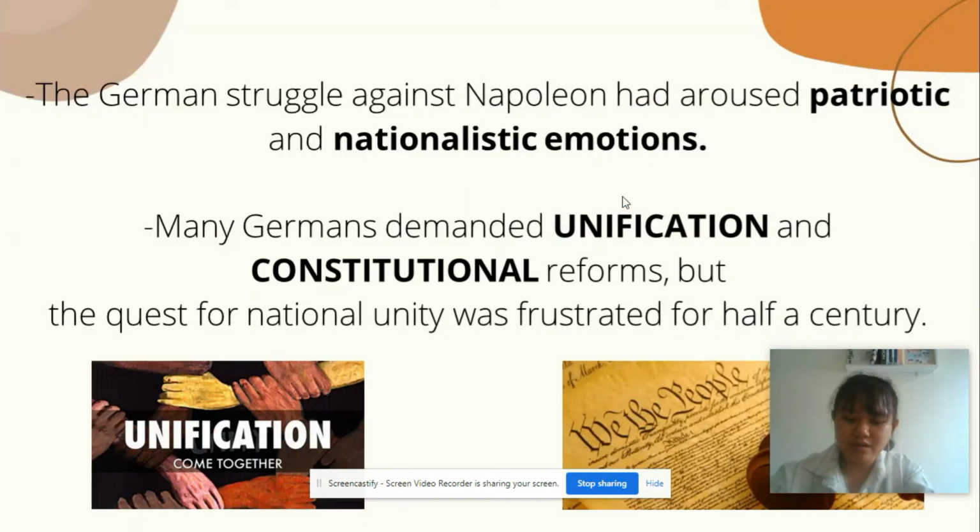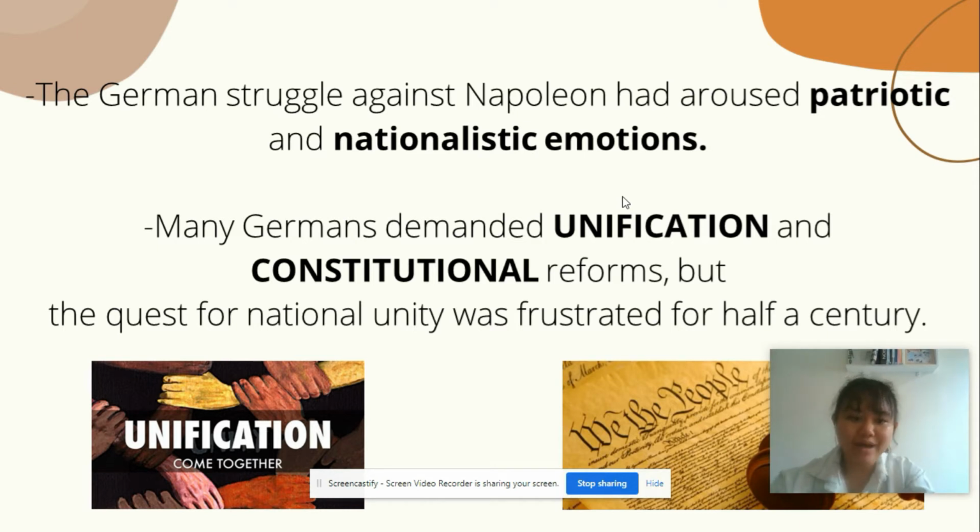Next, the vigorous great powers of Europe manipulated Germany to promote their own ulterior purposes. The German struggle against Napoleon had aroused patriotic and nationalistic emotions, and many Germans demanded unification and constitutional reform.